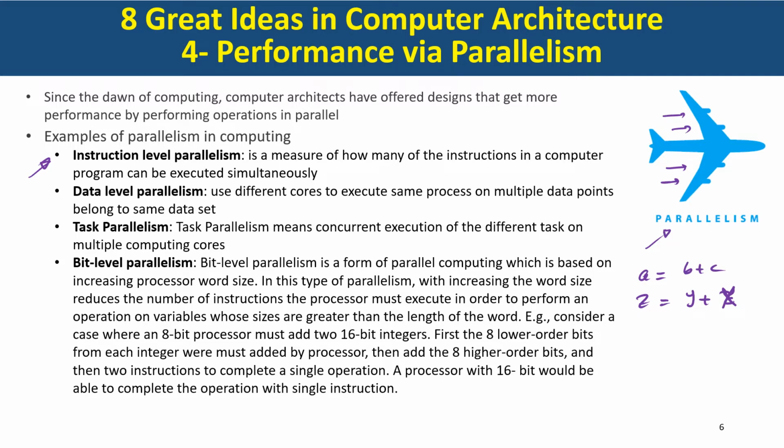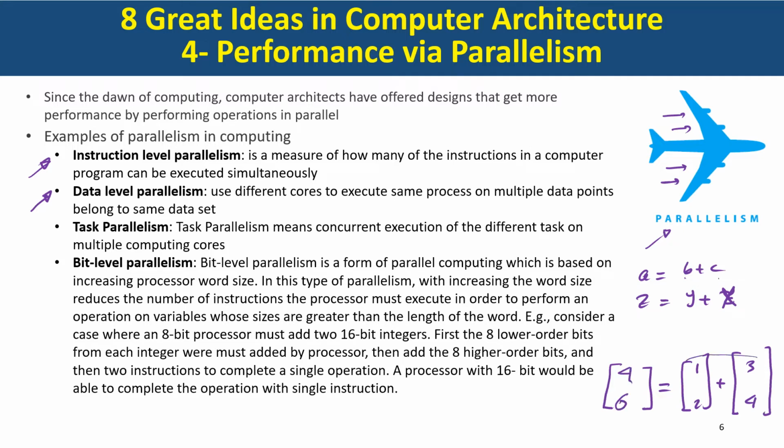But even with this, we have another level of parallelism, which is called data level parallelism. Let's assume now that A is vector, B is vector, and C is vector. Like this is an A vector, 2 elements. B is another vector, 2 elements, 1 and 2. And C is another vector, 2 elements, also 3 and 4. So basically the result will be 4 and 6 here.